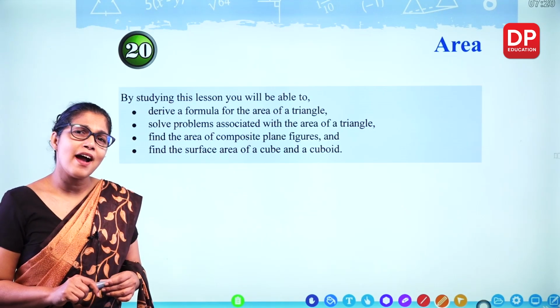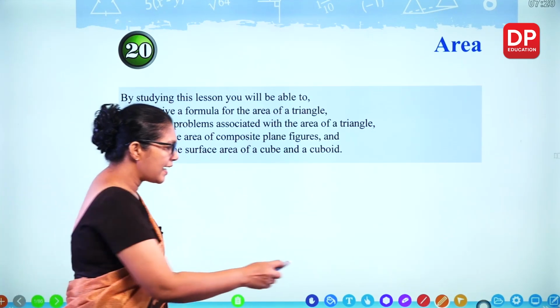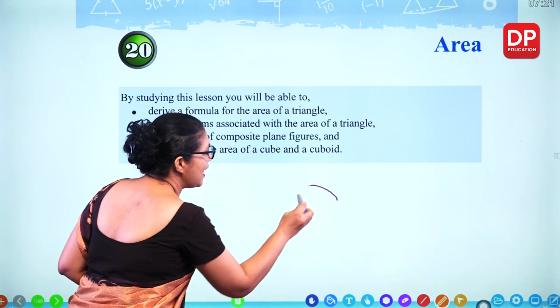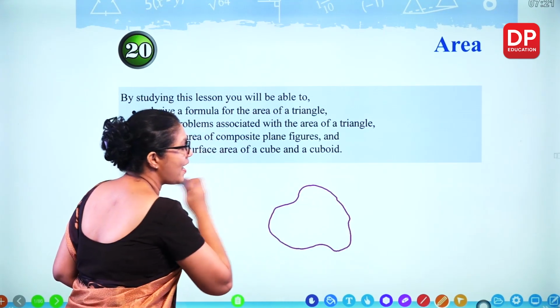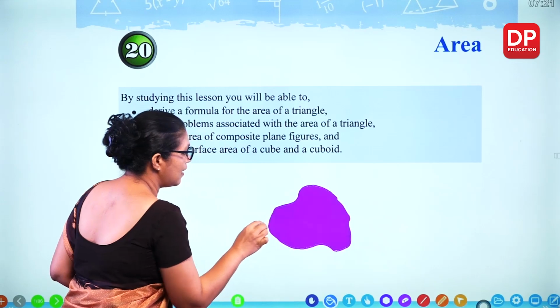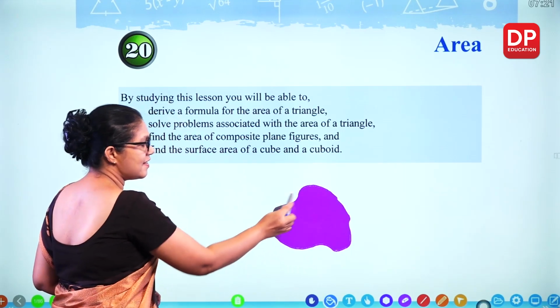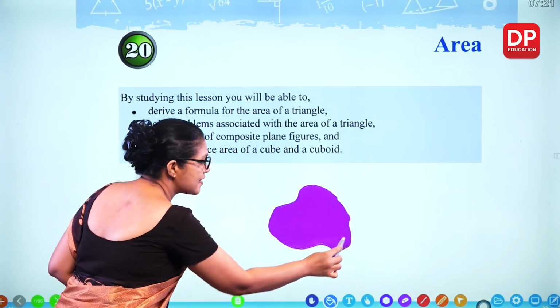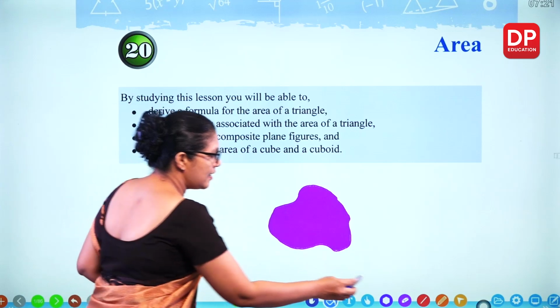So what's area? When you take the space occupied by the closed plane figure, this is the space occupied by this closed plane figure. Another one.